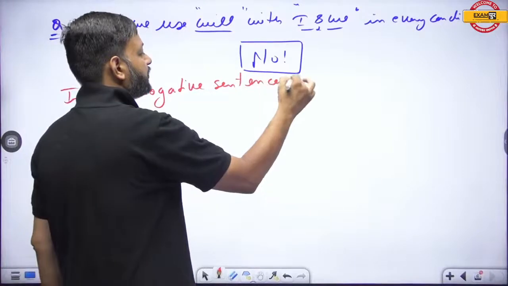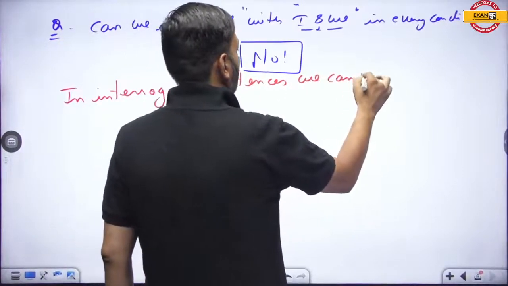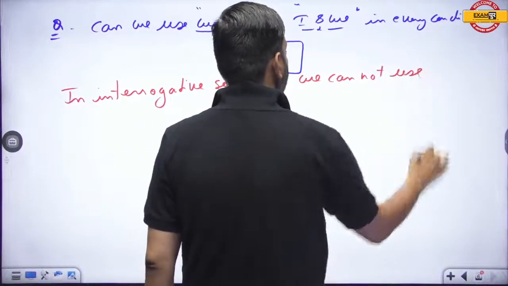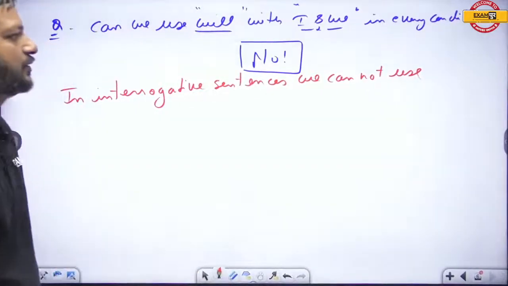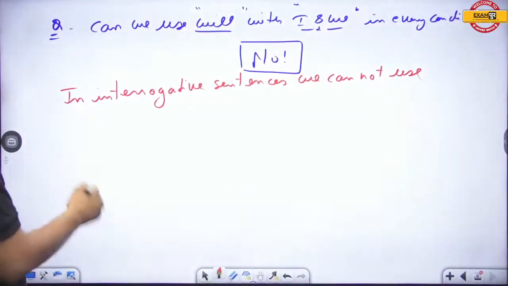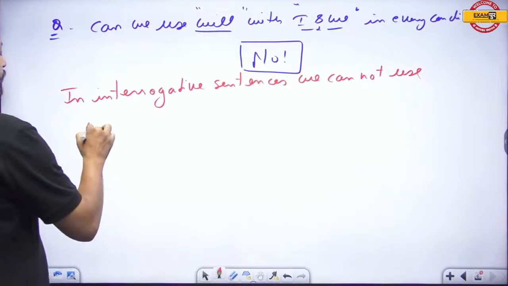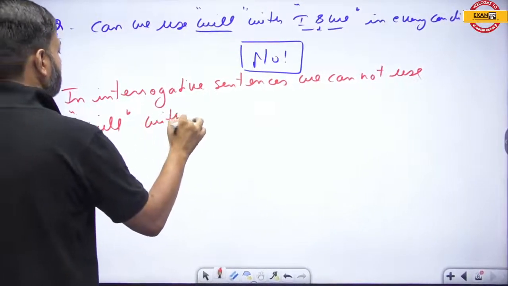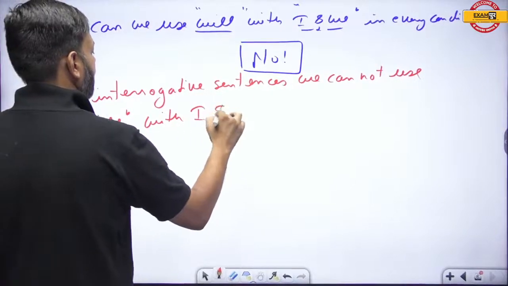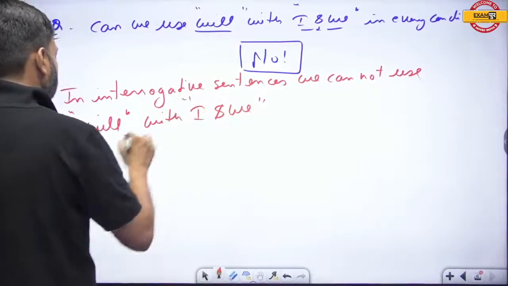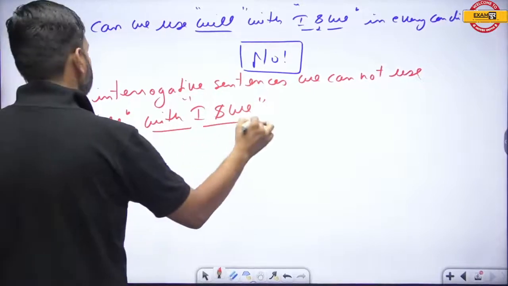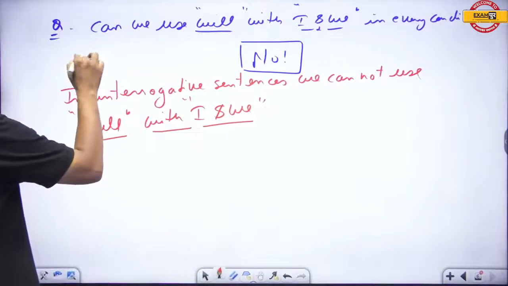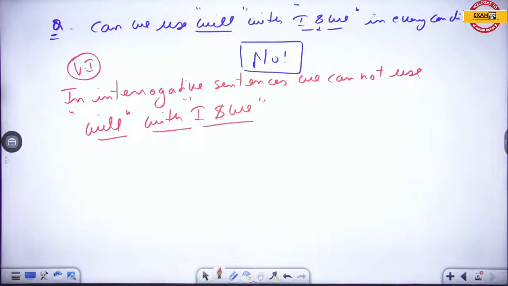In interrogative sentences, we cannot use will with I and we. So remember this. This is very important. In interrogative sentences, we cannot use will with I or we.